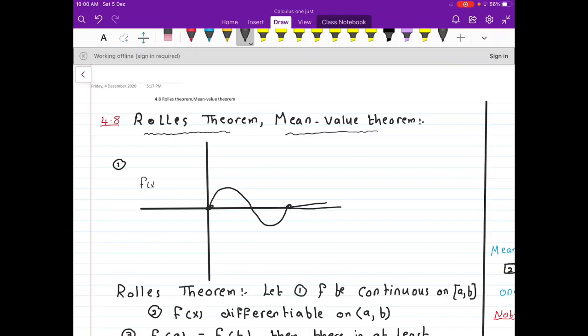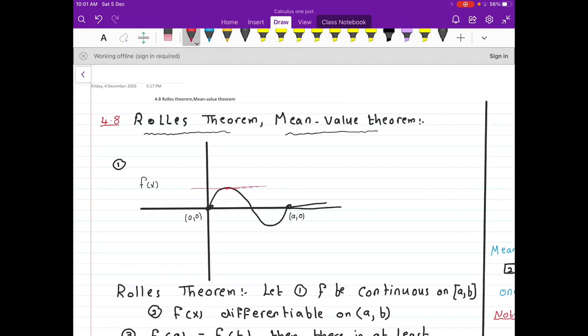Look to the graph of the function of x. لاحظ هاي البوينت 0 0 وهاي البوينت a0. واضح إنه صورة 0 equal صورة a and this function is continuous on the closed interval 0a. What is the slope of the tangent line at this point?